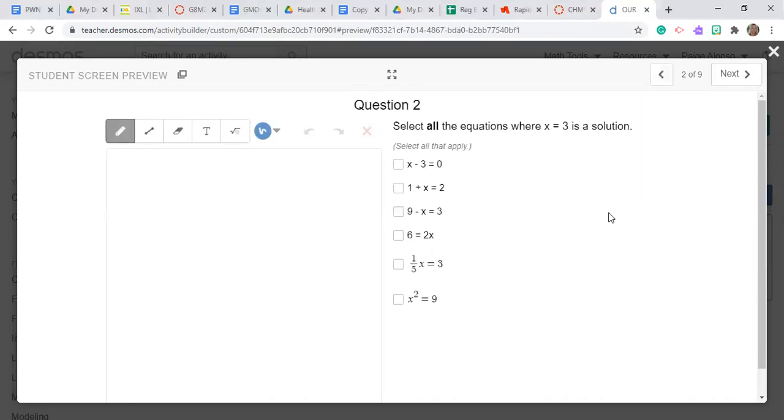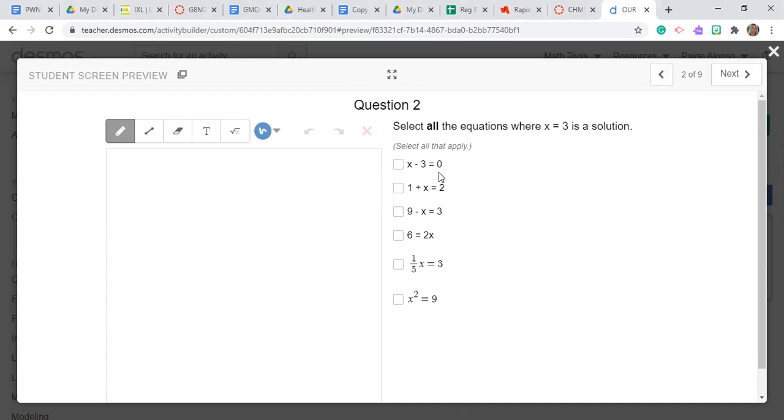Question number 2. Select all the equations where x equals 3 is a solution. So you select all of them that apply.